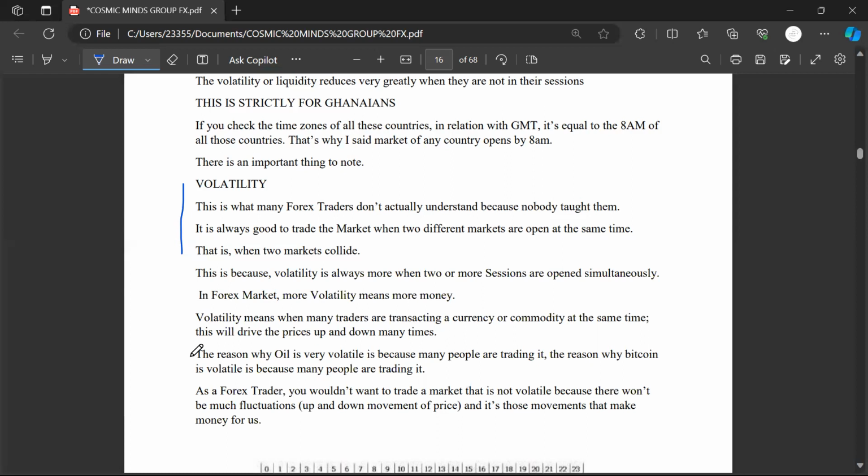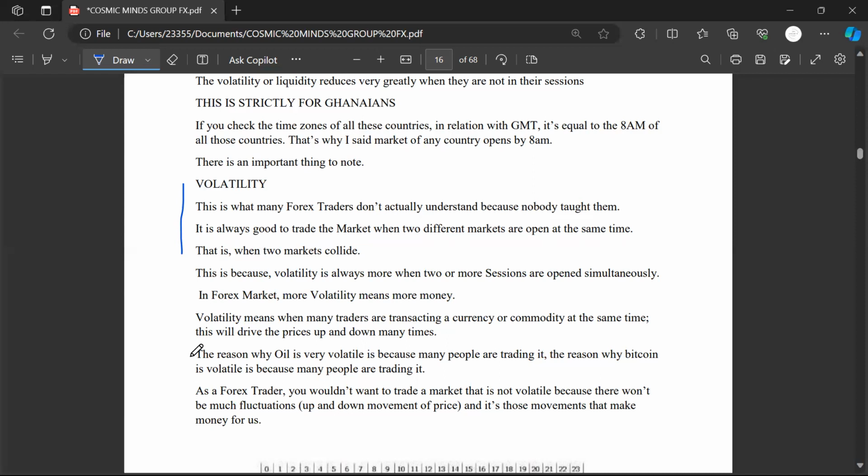In forex markets, more volatility means more money, more liquidity. Volatility means when many traders are transacting a currency or commodity at the same time. You understand? So many traders are buying or selling a particular currency, and that will make that currency volatile. Now, the reason why oil is very volatile is because many people are trading it, right?